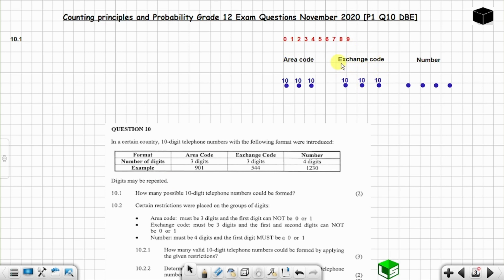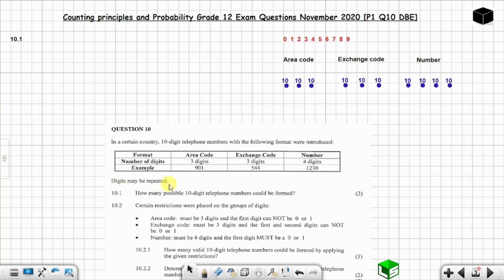We are done with the exchange code. And for the number, you need 4 digits. For the first digit of the number, you have 10 options. The second digit, 10 options. The third digit, 10 options. And the fourth digit, you still have 10 options because digits may be repeated.